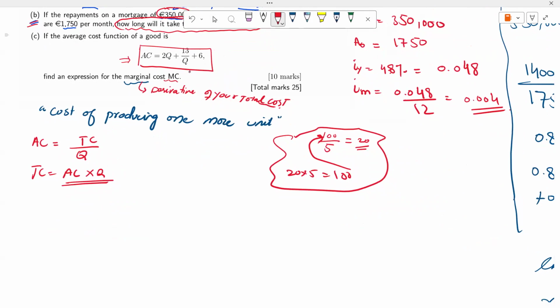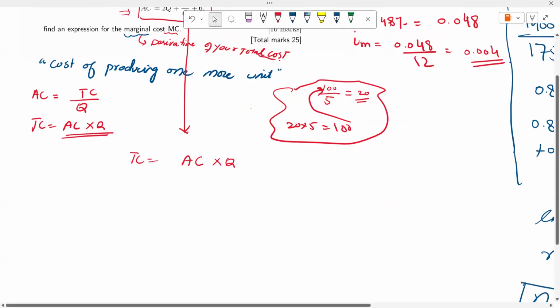But here I'm not dealing with numbers. I have an expression. Given the average cost formula, to find the total cost I can multiply the average cost expression with Q. So what would happen?